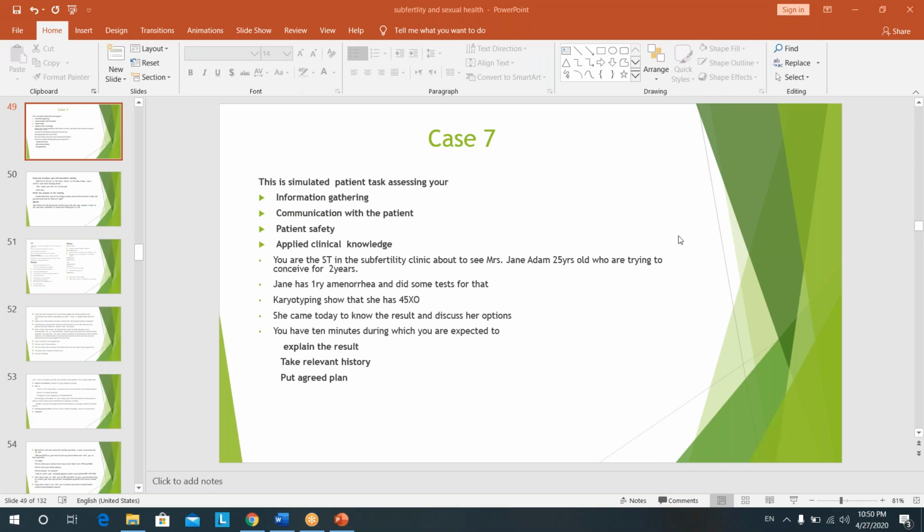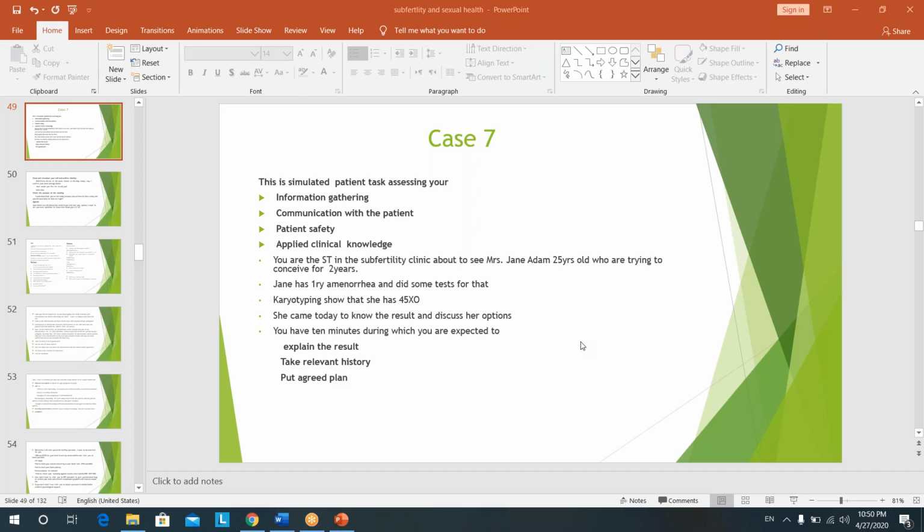You mentioned most of the points in the history and in the management options. I only have a little point I wanted to concentrate on. First, the most important thing is sympathy: how you show sympathy when breaking bad news to this patient. You will tell her that she has Turner syndrome and a problem with her chromosome.